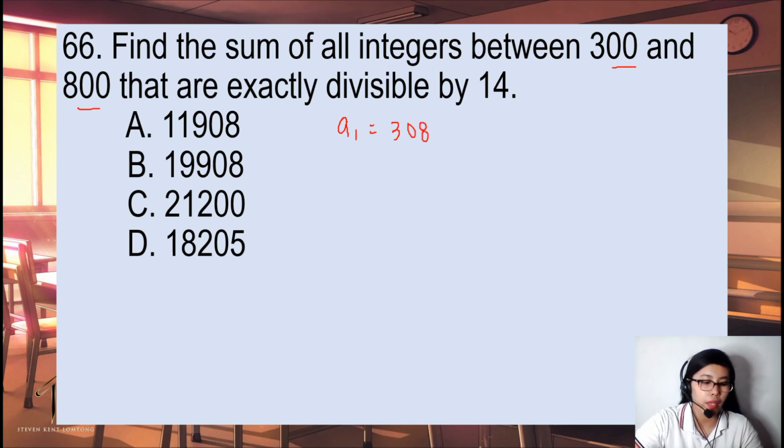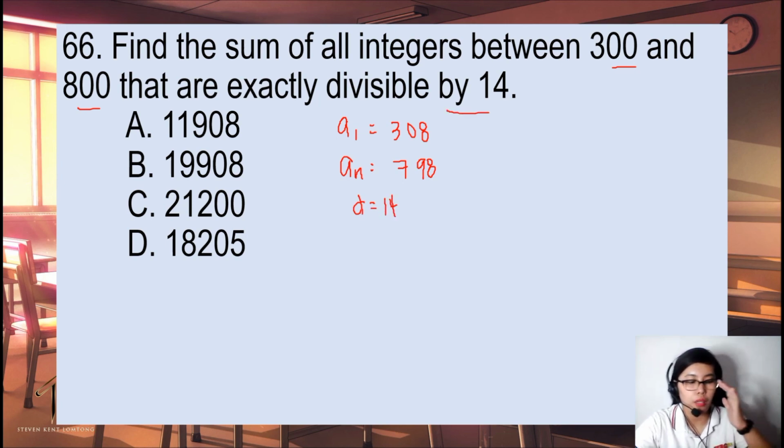Then, our a sub n, or the last term that is within the range, is 798. Okay? Then, of course, the common difference is 14 since divisible by 14. Okay? Now, we don't know how many terms, right? We don't know how many terms is within this range.